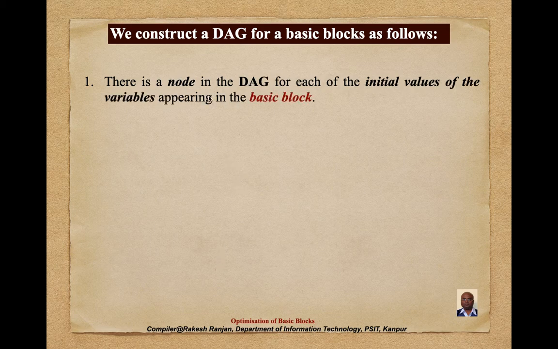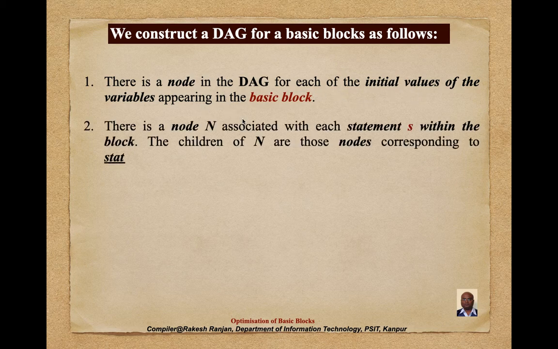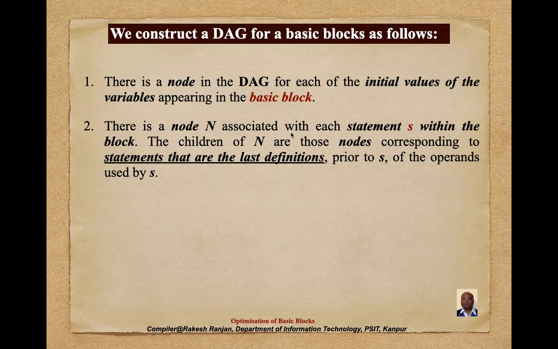There is a node in the DAG for each of the initial values of the variables appearing in the basic block. There is a node n associated with each statement s within the block. The children of n are those nodes corresponding to statements that are the last definition, prior to s, of the operands used by s.